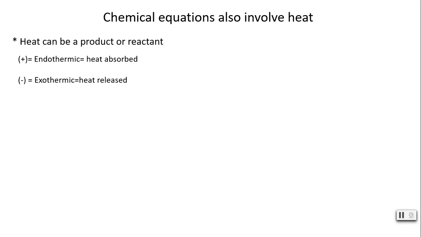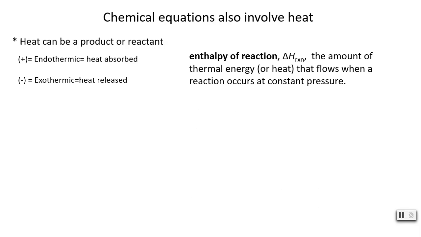Okay? And the units that we used to talk about heat were primarily joules, sometimes kilojoules, sometimes calories, but primarily we used the standard international unit of joules when talking about heat. So we're going to talk about how we can use heat now in chemical equations and stoichiometry, but we need to introduce one or two more topics.